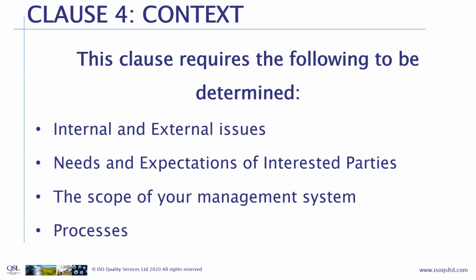As well as the physical boundaries within the scope of your management system, you'd be looking to include the appropriate activities, administration, procurement, staff management, management of your external providers, that's your subbies and your suppliers, fulfilling the needs and expectations of your interested parties. And it must be remembered that the scope must be documented. Processes would relate to your processes within your management system, how they interact with the standard, and also underlying is having confidence that these processes are being observed.